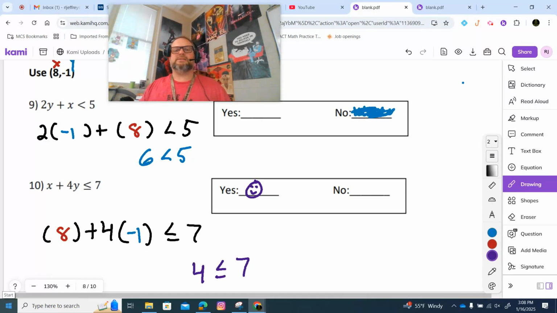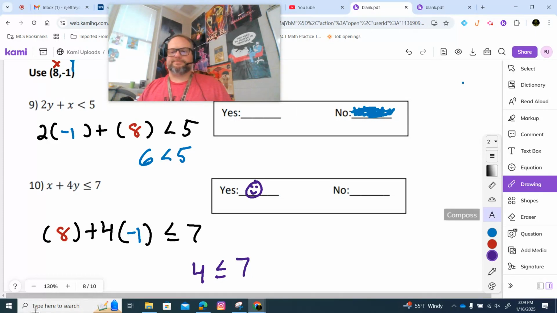Check mark, X, blob, smiley face, heart, flower, stick person. Stick person, we're walking a stick dog. I mean, I wouldn't spend too long drawing it, but just some type of mark. Yes.